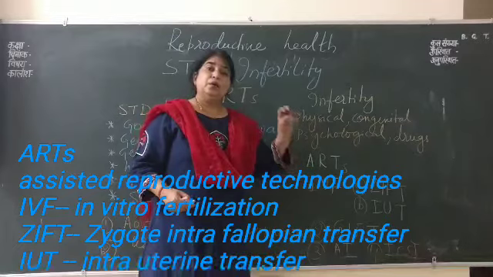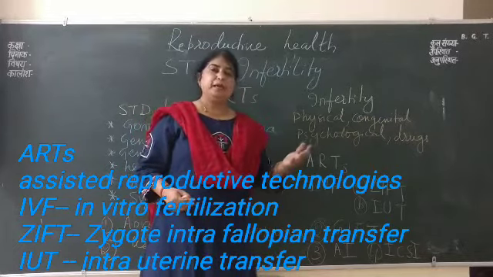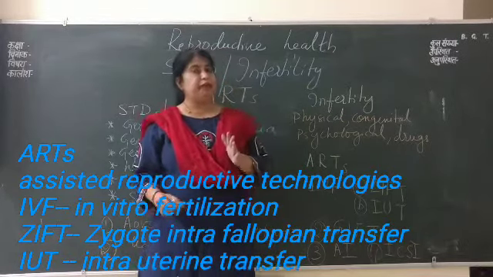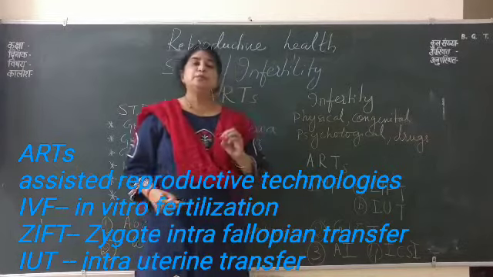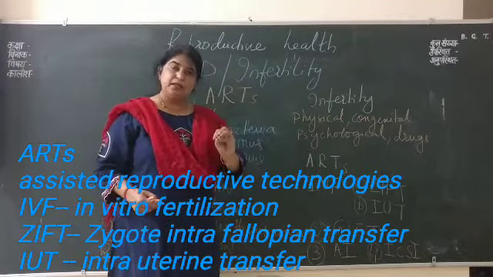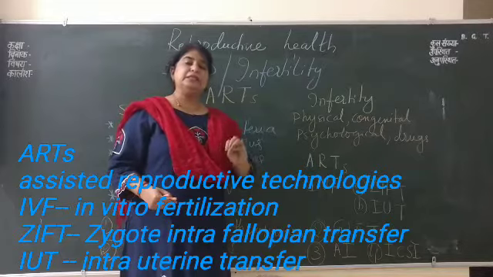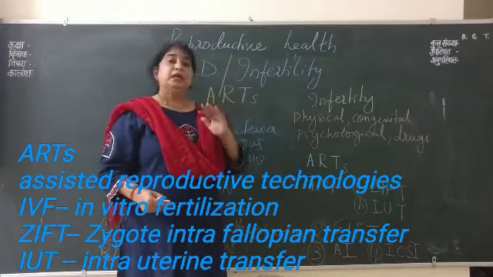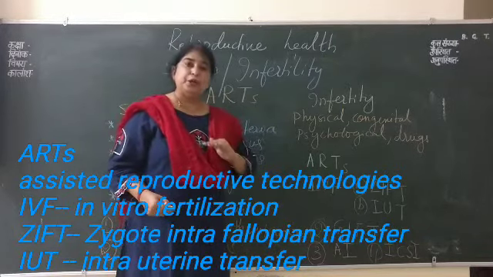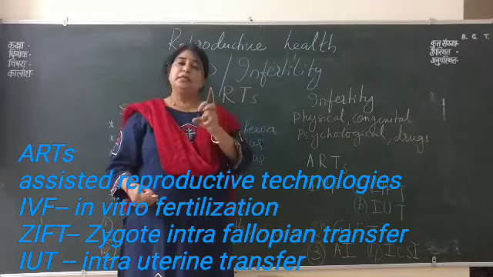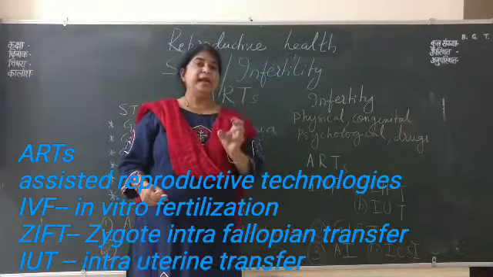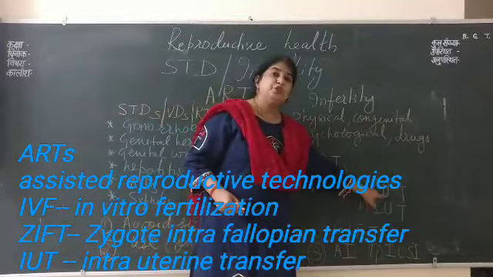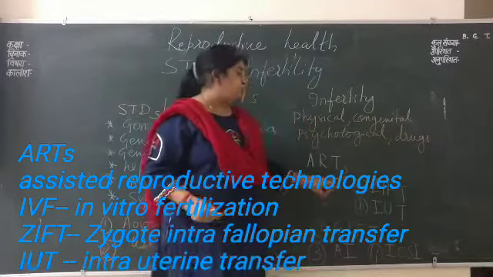The eggs from the female, if she is producing normal eggs, can be taken, and the sperms from the father. They are fertilized outside the body in a test tube, and the zygote is produced. The zygote is allowed to multiply till the 8-celled stage. It is then transferred in the fallopian tube.